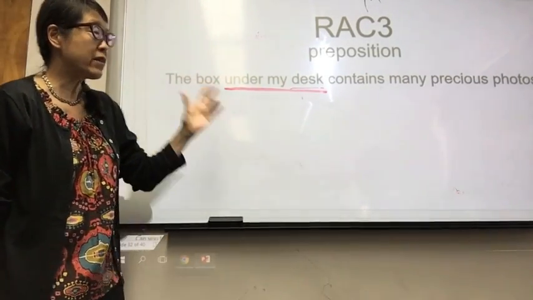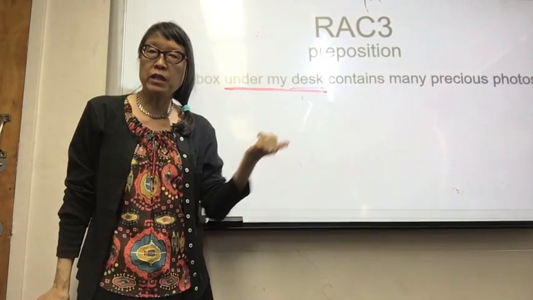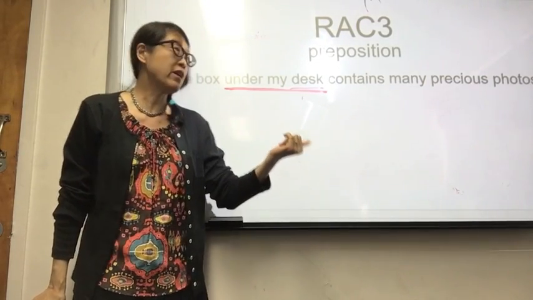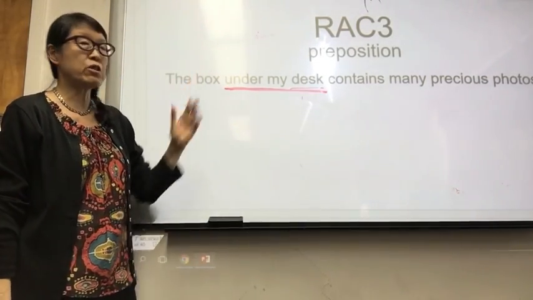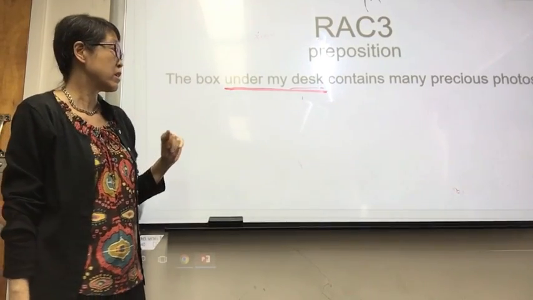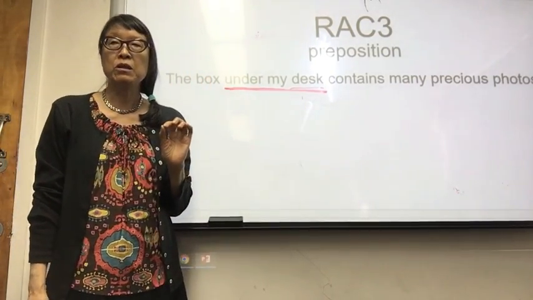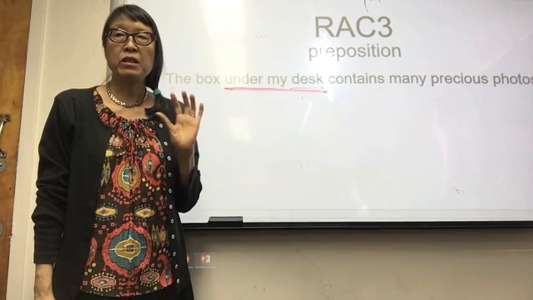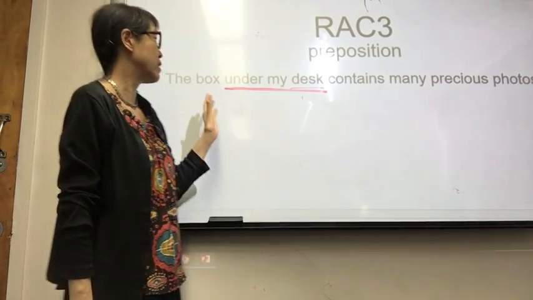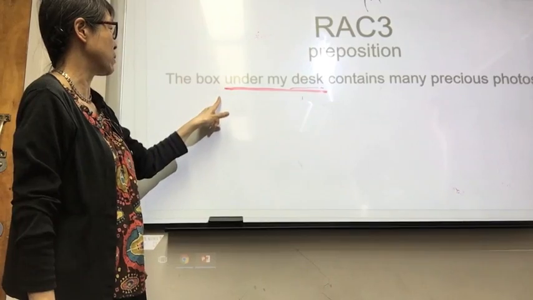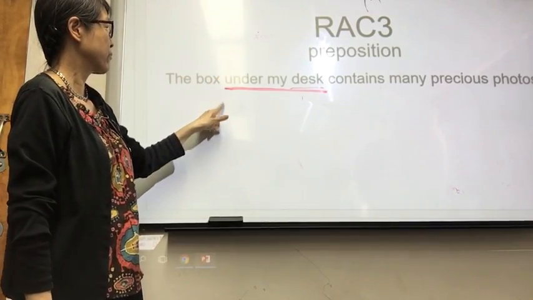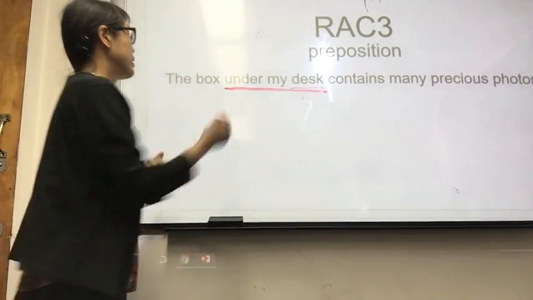Now, last time when we did RAC number 1 and RAC number 2, we saw that there are some words that are taken out of this. If we had to put some words back in here, what do you think they could be? That is.